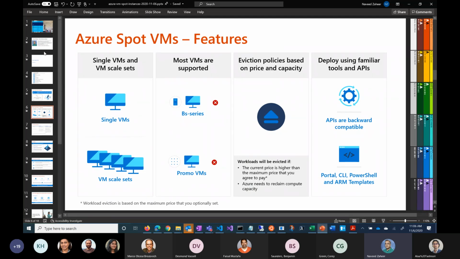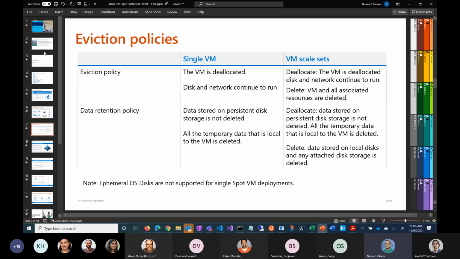Everything for those VMs is the same. Just keep one thing in mind: there is no SLA for Spot VMs. This is very important to understand, that there is no SLA for Spot VMs. That's the key thing. Any questions so far?